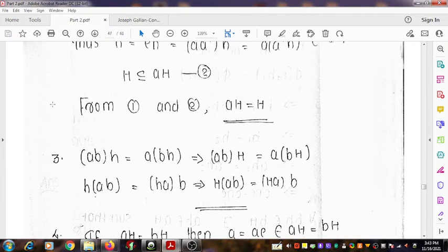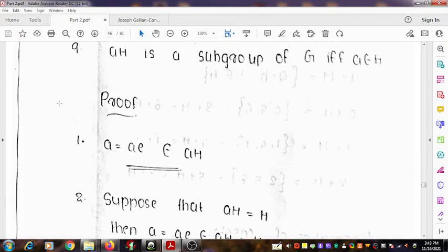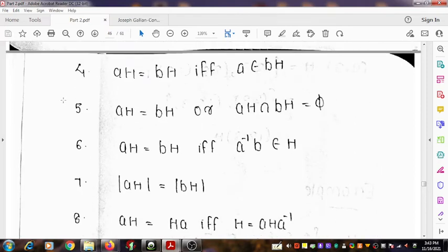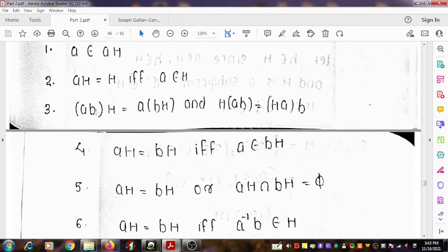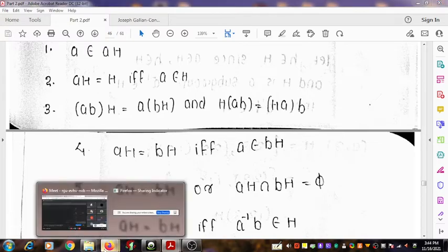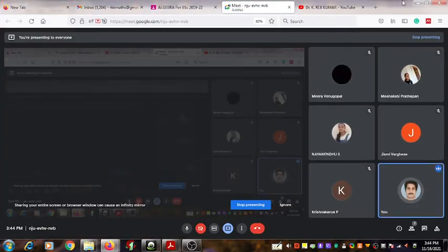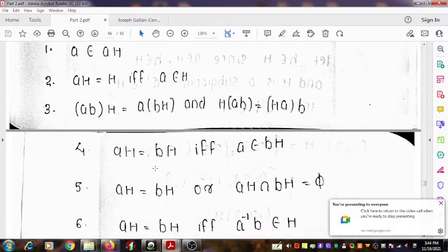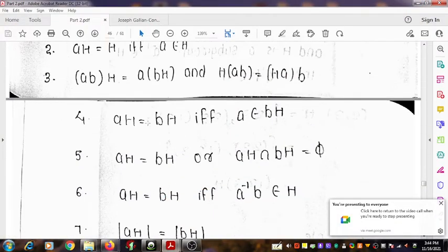Next, the third condition is that AB into H equal to A into BH, and also H into AB equal to HA into B. How can we prove that?